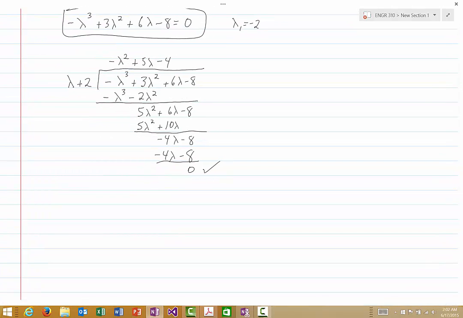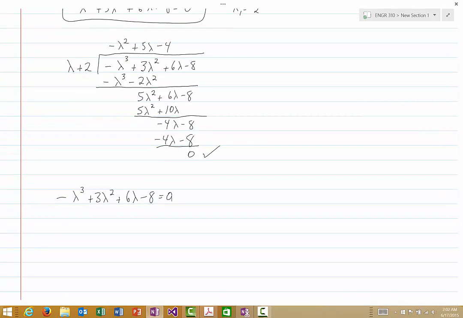And so what this means is that minus lambda cubed plus 3 lambda squared plus 6 lambda minus 8 equals 0, which was our characteristic equation, can be written as lambda plus 2 times minus lambda squared plus 5 lambda minus 4. It can be factored in this way.